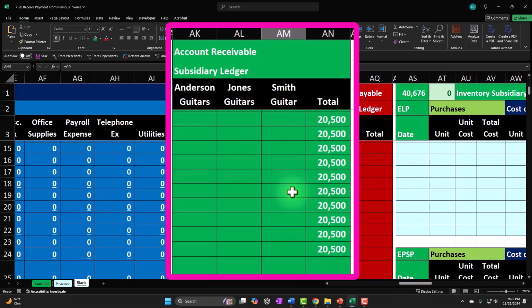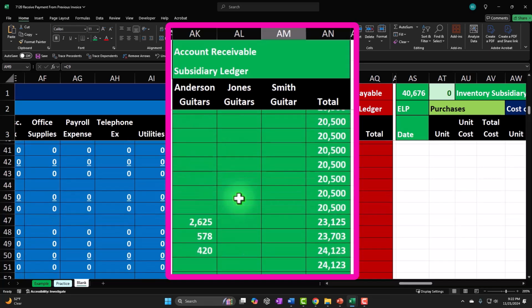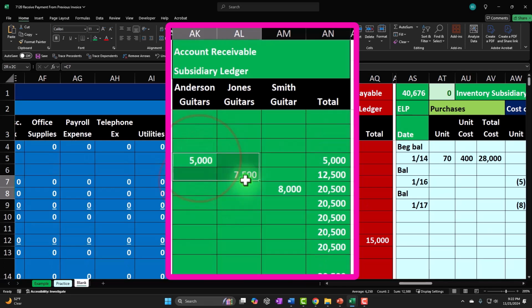And then we had some other invoices down here for Anderson and Jones. So this time, we're going to imagine that these three beginning balances are the ones that we're going to be working with, that we've been receiving payment on.